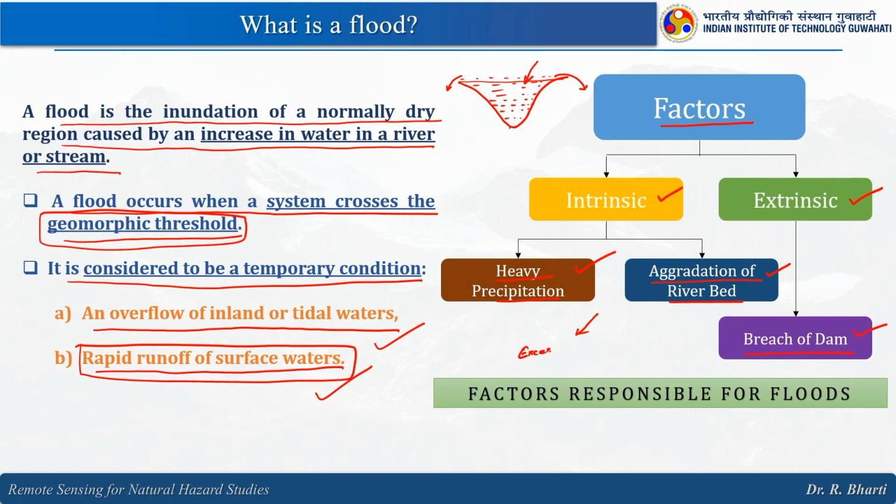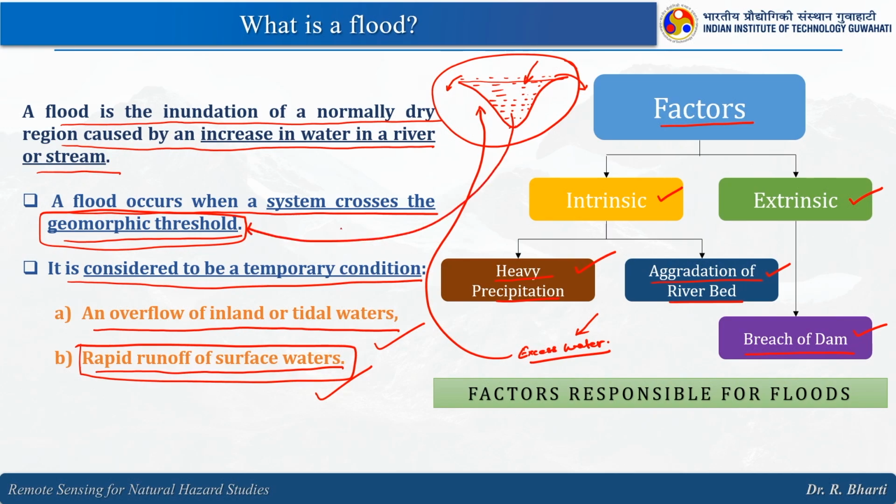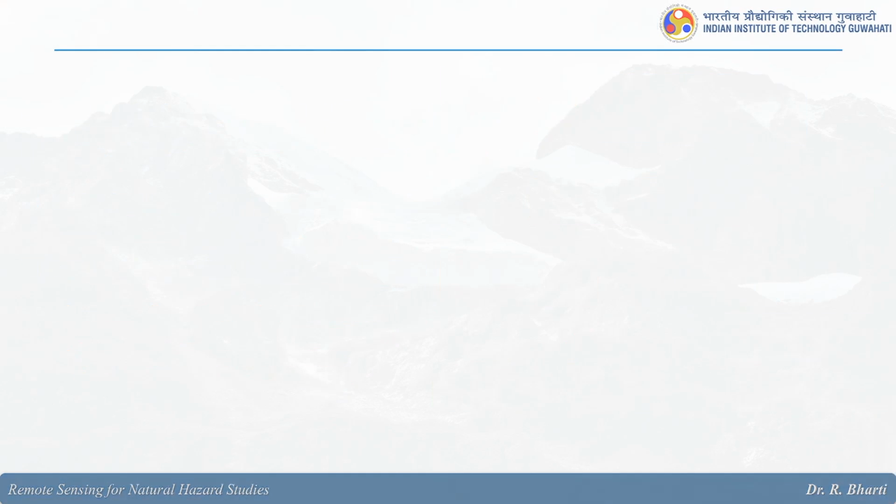This excess water is not accommodated by our fluvial system, and because of that it crosses the geomorphic threshold of that particular river, or maybe a lake. Then we have overflow, and this is the situation when we have a flood in our river system.